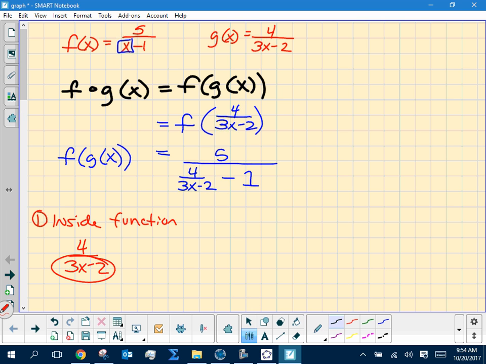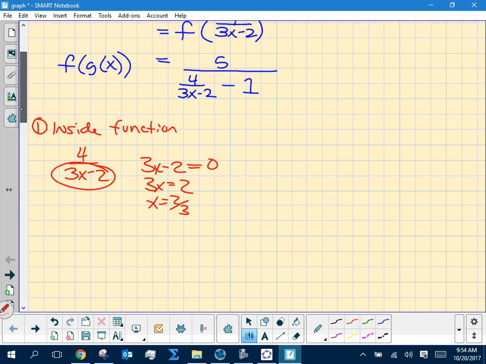We cannot have division by 0, right? So taking 3x minus 2, when that's equal to 0, we get 3x is equal to 2, x becomes 2/3. So because of that inside function, we are not allowed to have x be 2/3. Every other number works, right? The inside function says x cannot be 2/3.